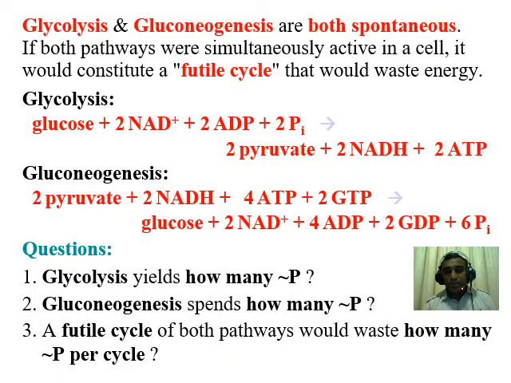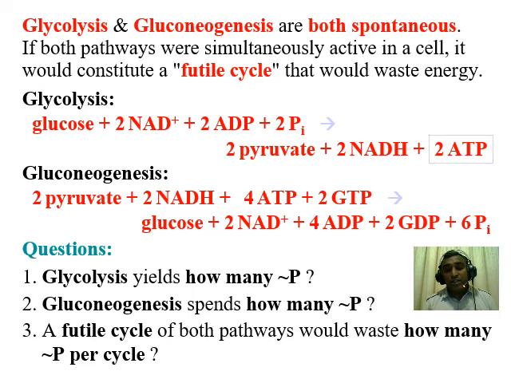This final slide actually tells you about what happens when both of the pathways happen together at the same time. That is spontaneously. If it happens at the same time, it is referred to as being futile. Futile cycle, that means it's not beneficial for the system itself.